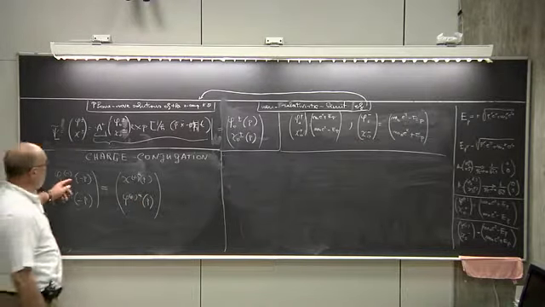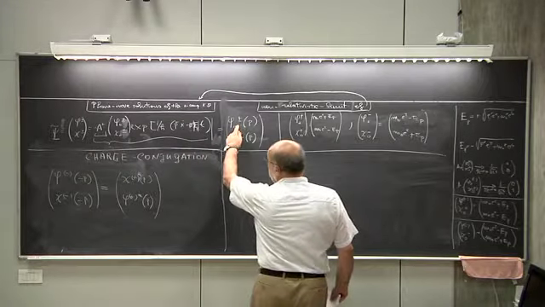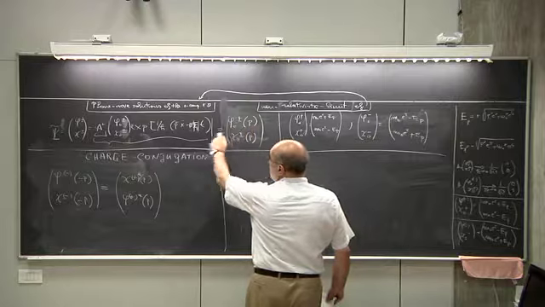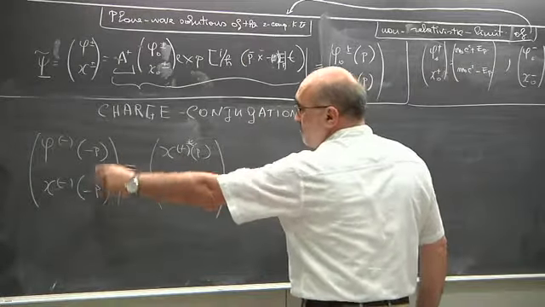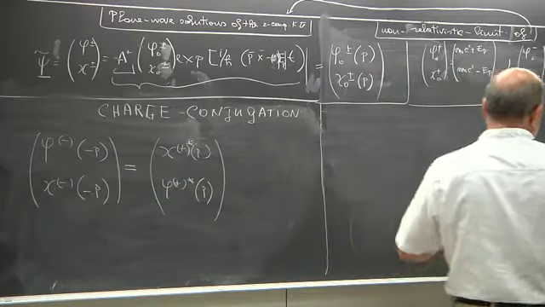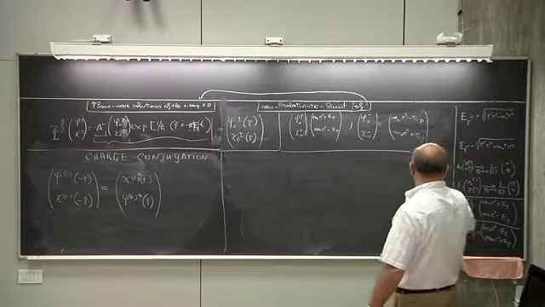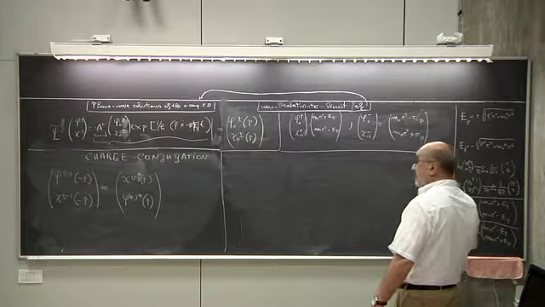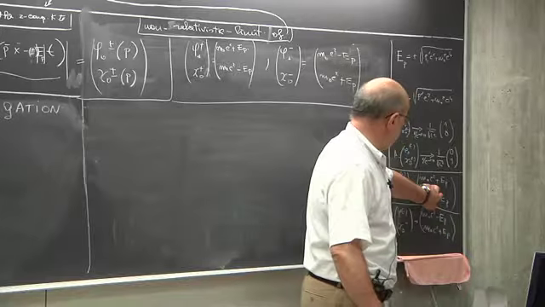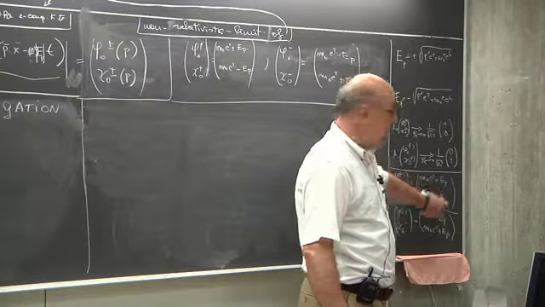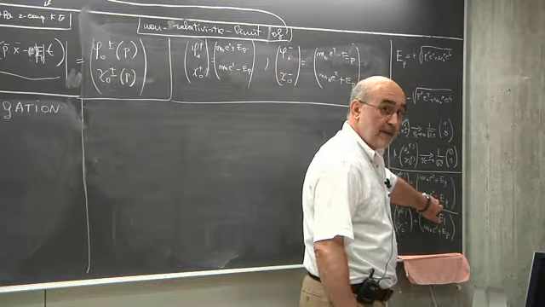This object is this in the normal things, but we have changed p into minus p, so a minus p appears here. You see immediately that the chi minus here is the same as the phi plus here, and the phi minus here is the same as the chi plus.